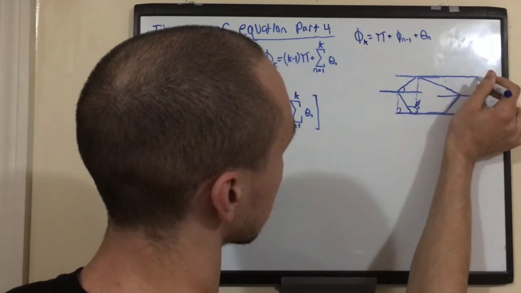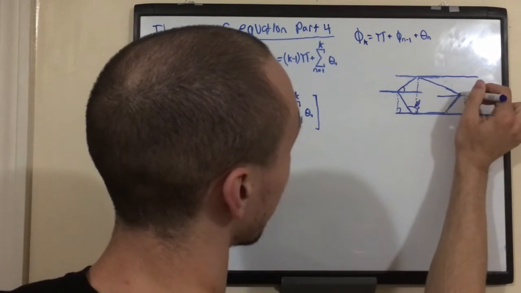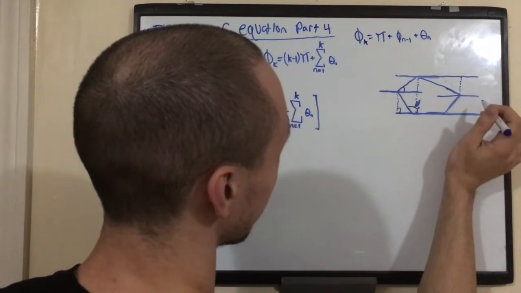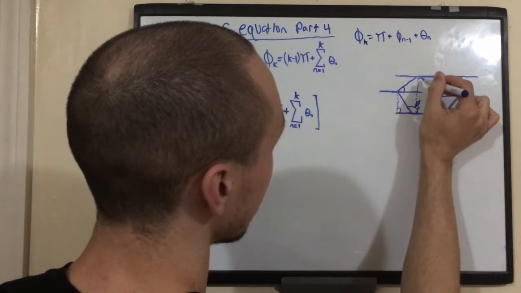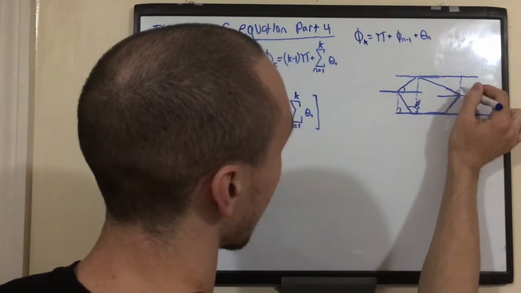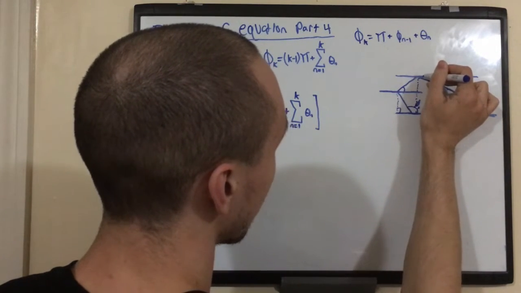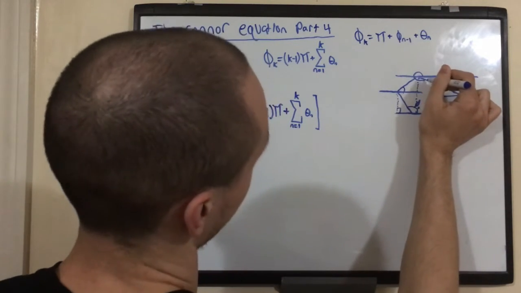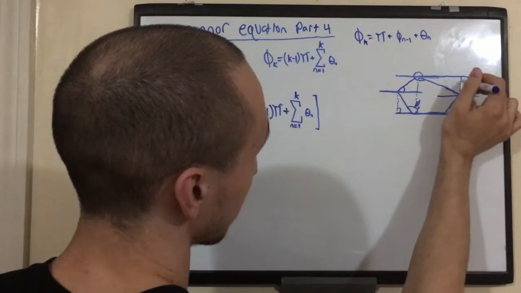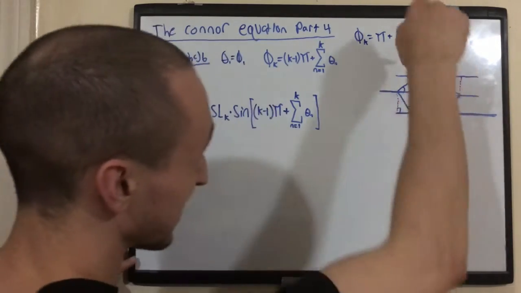I'm going to extend this. So on this side we're going to subtract. It's going to be a negative sine value. I'll draw the angle relative to the positive x-axis.